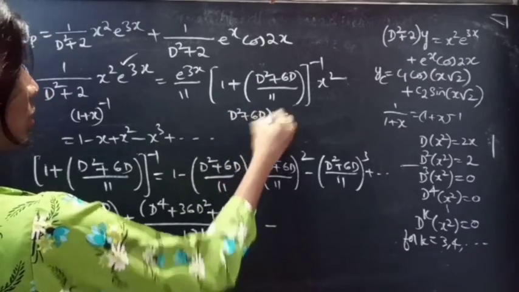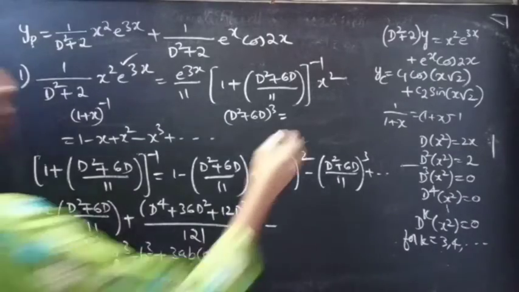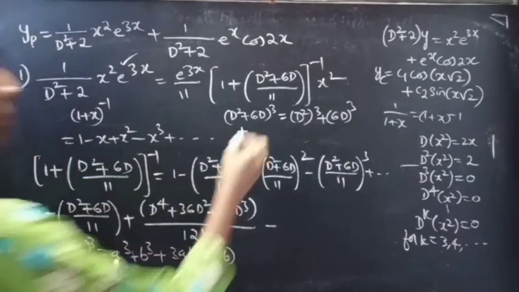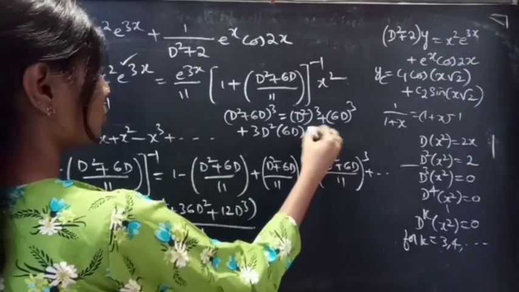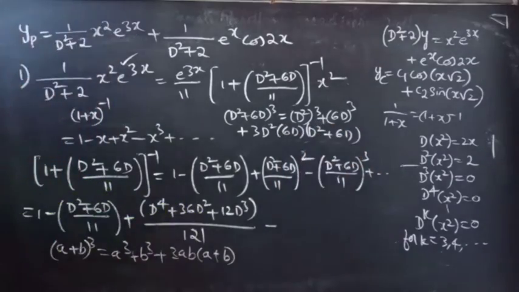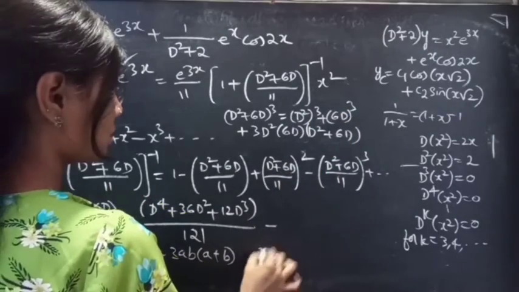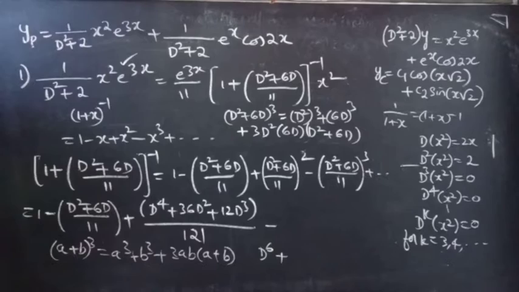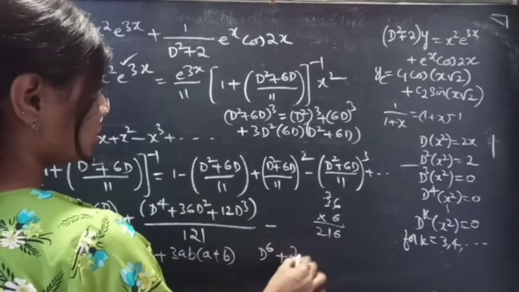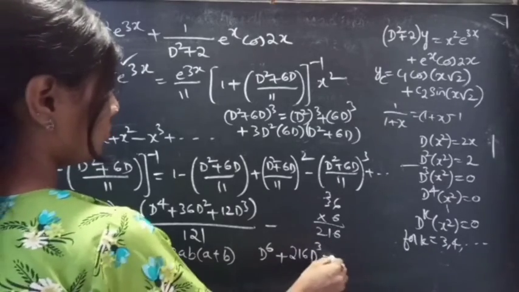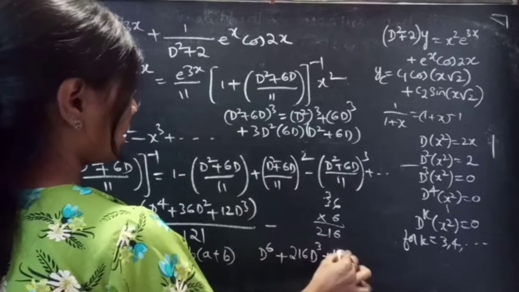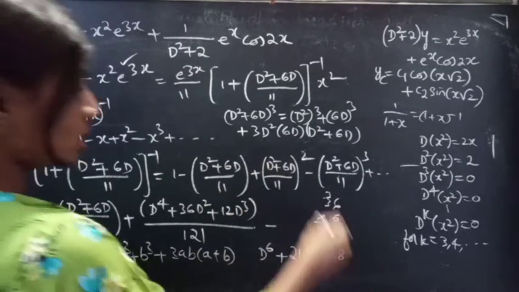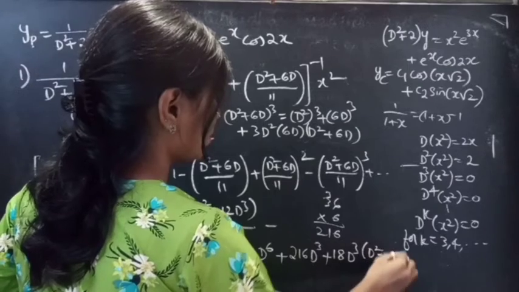(D square plus 6d) whole cube is (d square) whole cube plus (6d) whole cube plus 3ab into (a plus b), which gives d square whole cube is d power 6, right? 2 3s are 6 plus 6 cube, 6 6s are 36, 36 into 6, 216 into d cube plus 3 6s are 18 into d square into d is d cube into d square plus 6d.